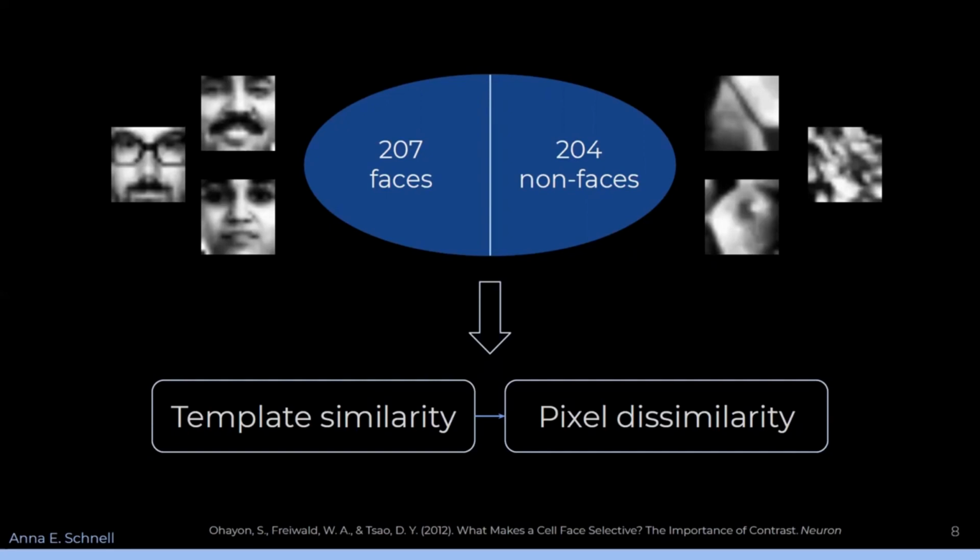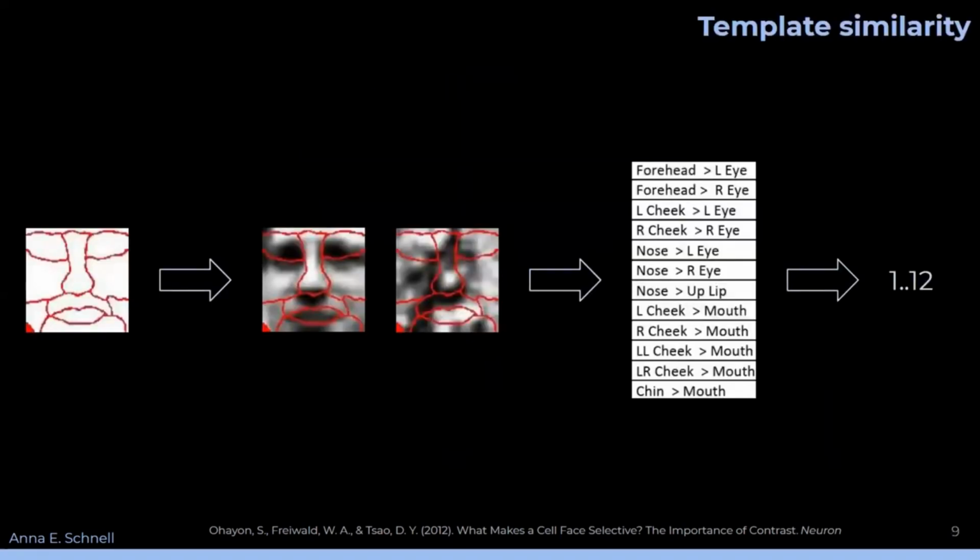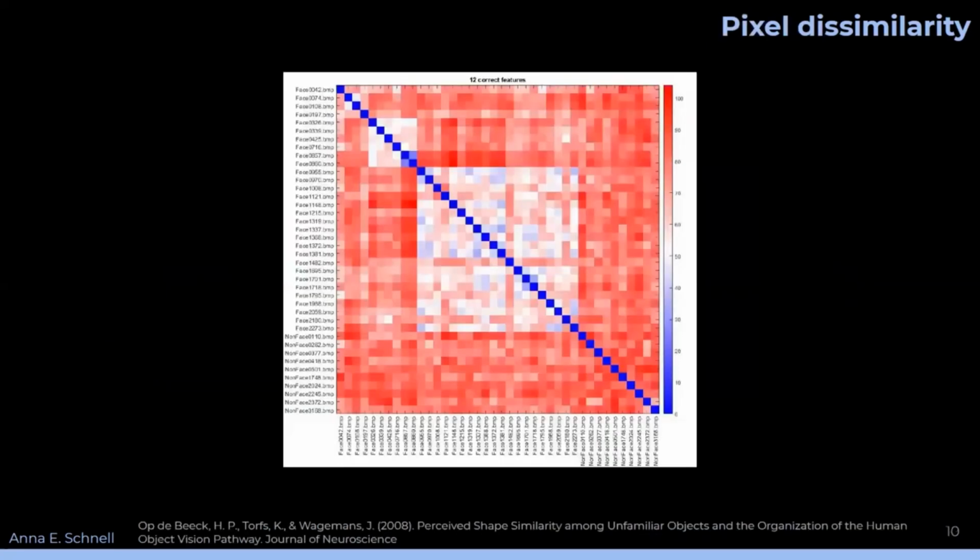So we chose our stimuli based on two measurements, template similarity and pixel dissimilarity. The template similarity categorizes the stimuli based on how many correct contrast features they have by checking how many of the 12 conditions are met. Within each category of the template similarity, we then calculated the pixel dissimilarity by comparing each pair of stimuli pixel-wise.